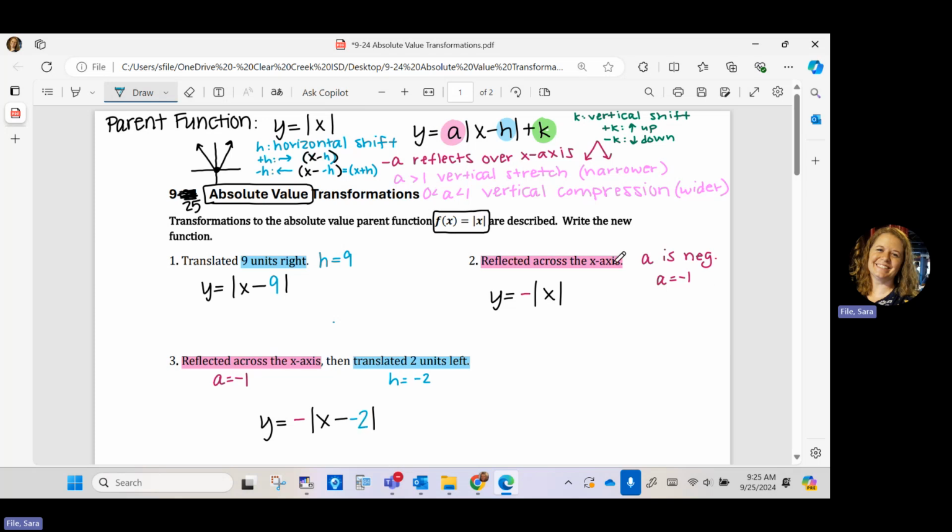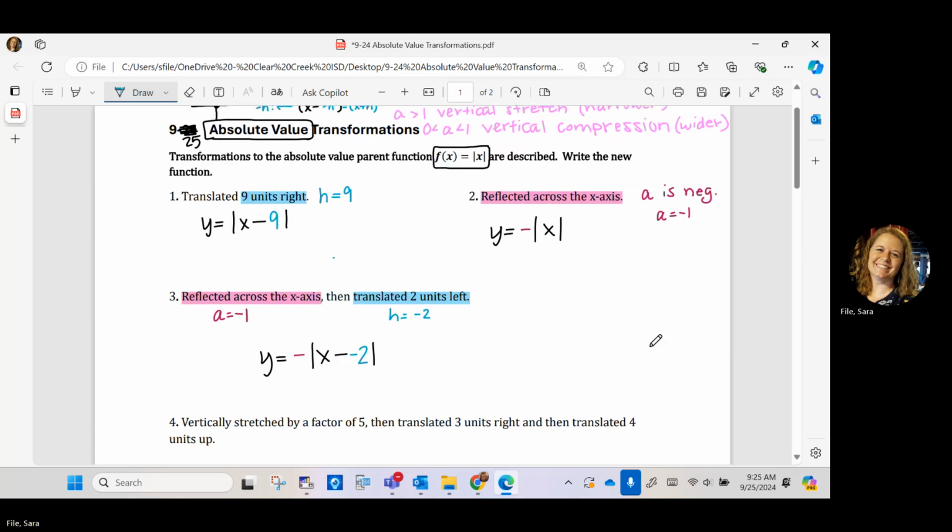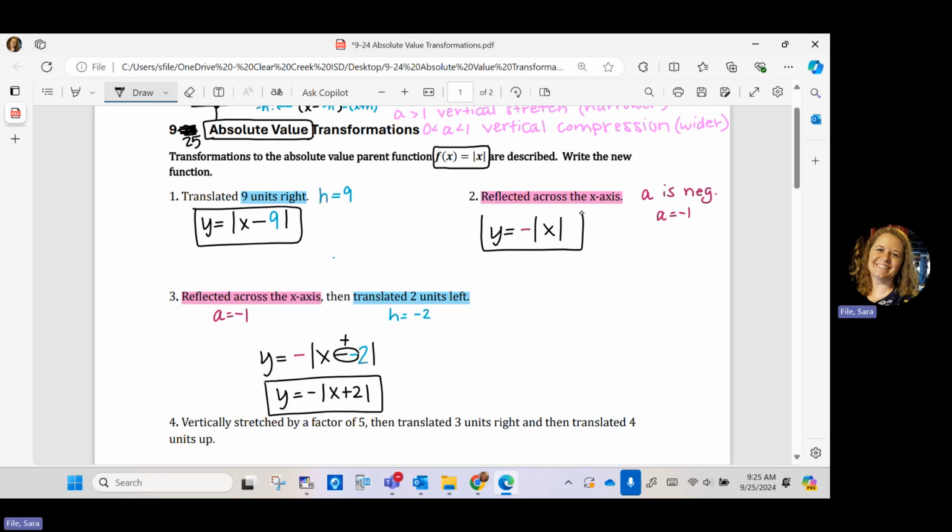What did we say happens when you have minus a negative? It becomes a positive here. So that's going to become plus. So this is actually going to come out to be negative absolute value of x plus 2. So there are those transformed absolute value functions.